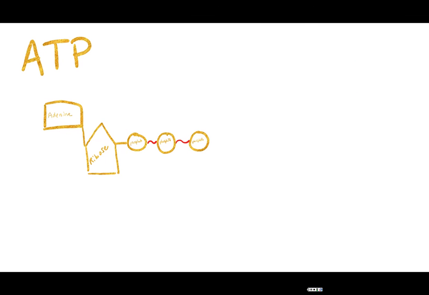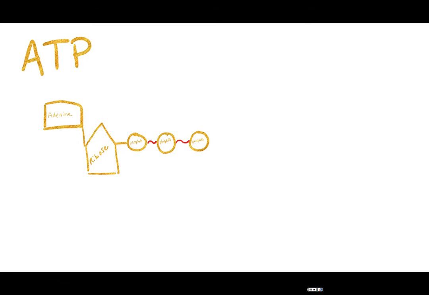Here is our drawing for our ATP molecule. So remember, it's a nucleic acid, and we can see it has the 3 components. It has adenine for the nitrogenous base, it has ribose as the 5-carbon sugar, and it has actually 3 phosphate groups instead of 1.